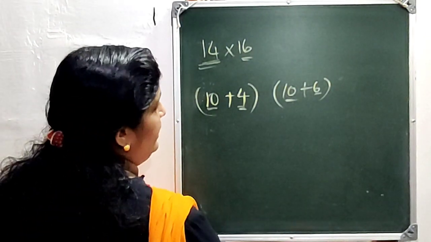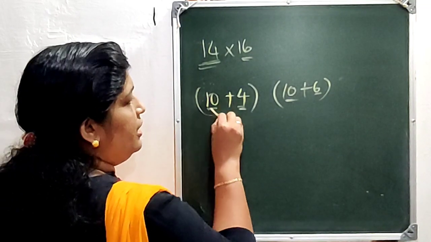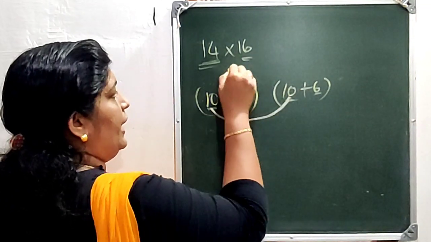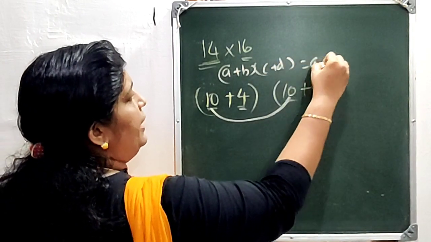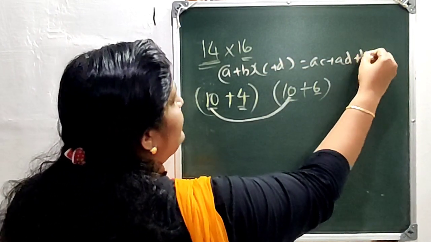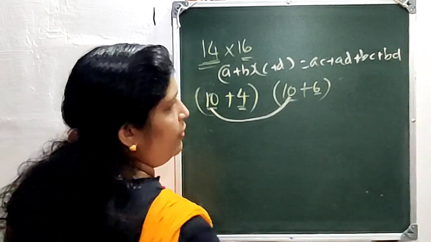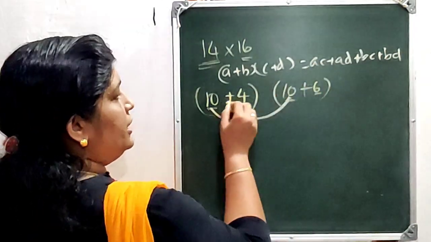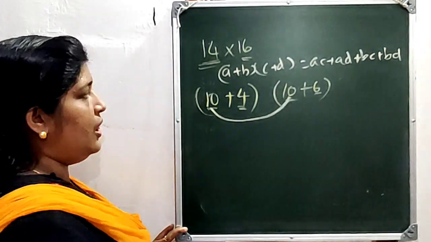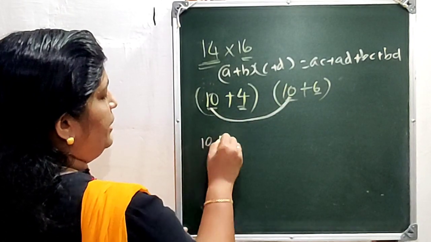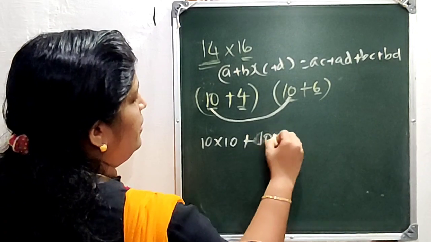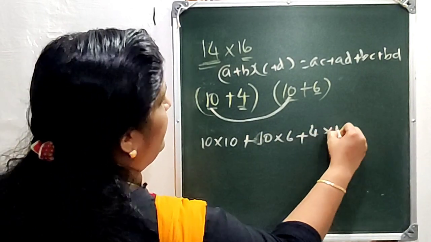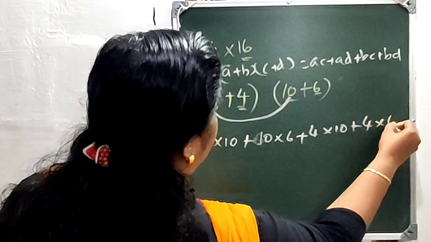Then we can easily find its answer, because multiplying with 10 and its powers is very easy. Using the identity a plus b into c plus d is equal to ac plus ad plus bc plus bd, we are going to expand this: 10 into 10 plus 10 into 6 plus 4 into 10 plus 4 into 6.